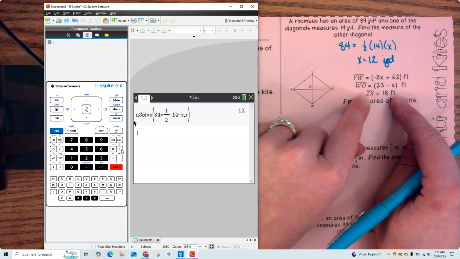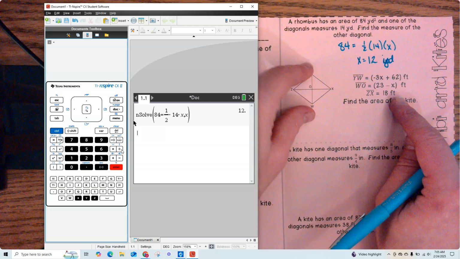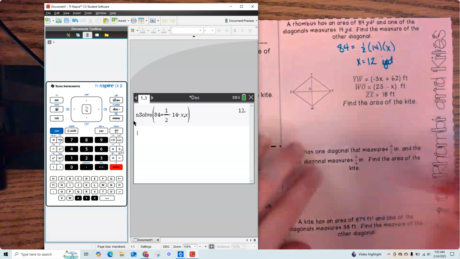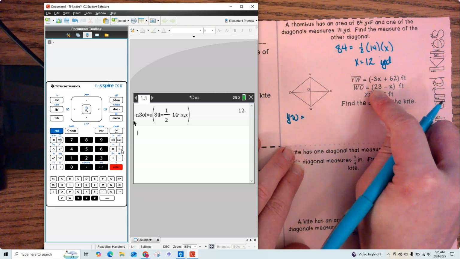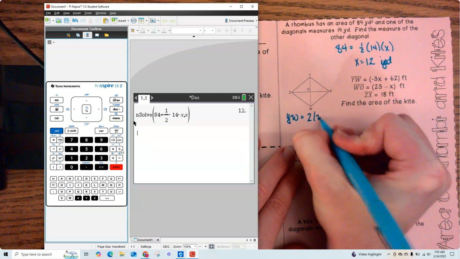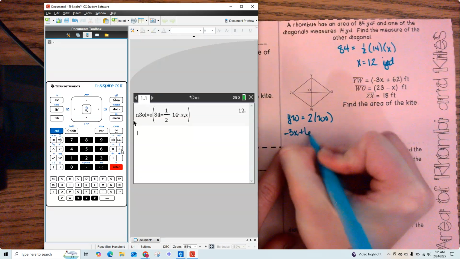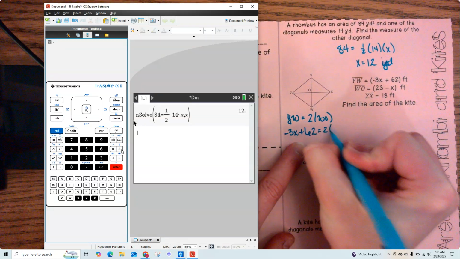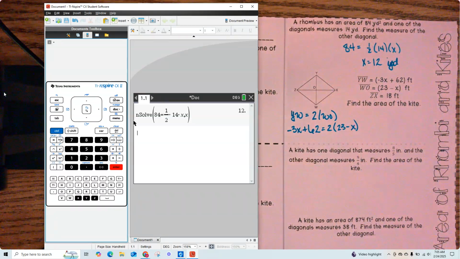Since we have an actual measurement here for ZX, we need to find the actual measurement of YW, instead of this expression. So YW is going to equal 2 times WO, because they bisect each other. So we can plug what we know in. YW is negative 3x plus 62, and YO is 23 minus x. So we can do menu 3-1 and solve for x.